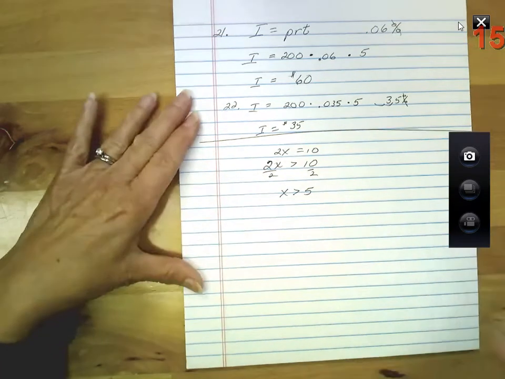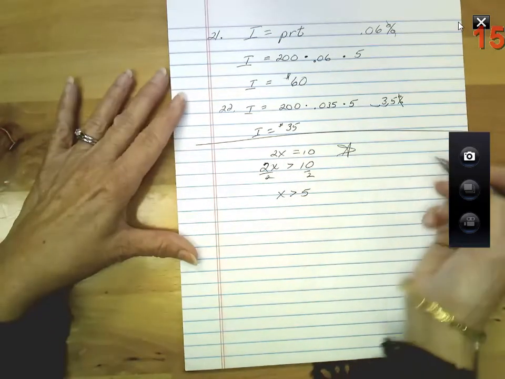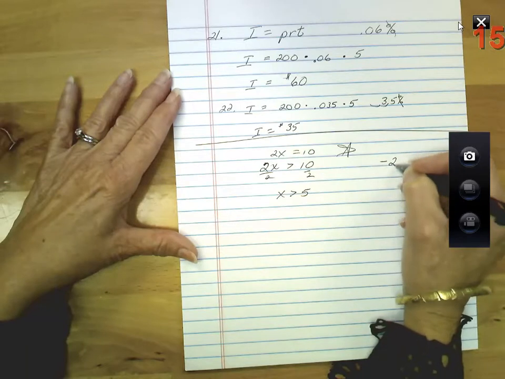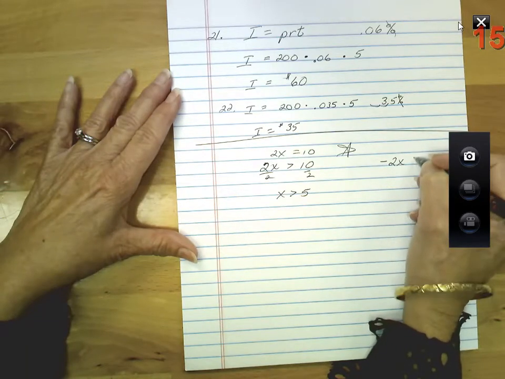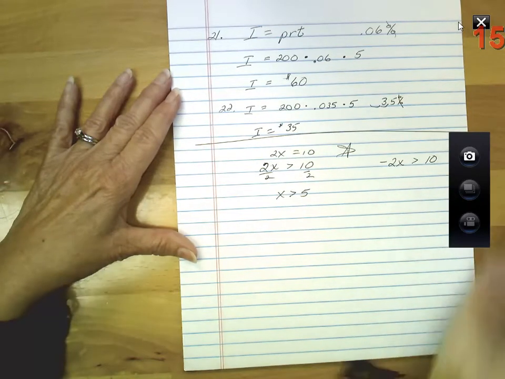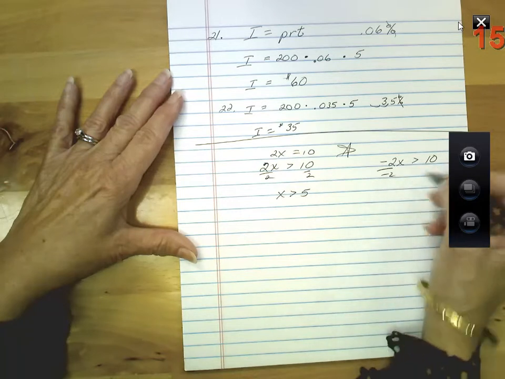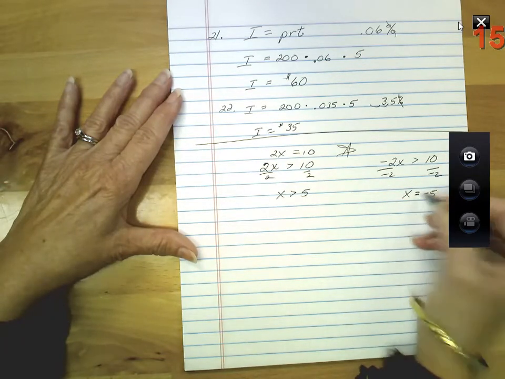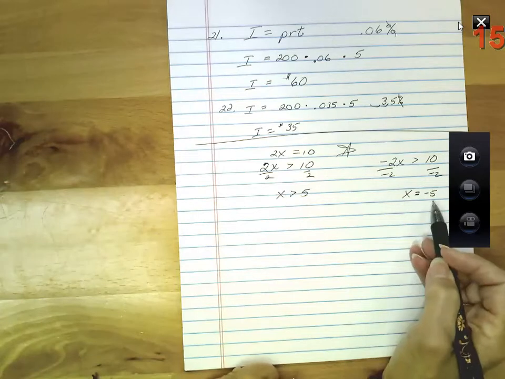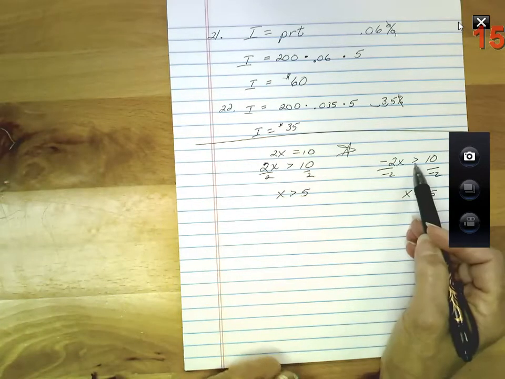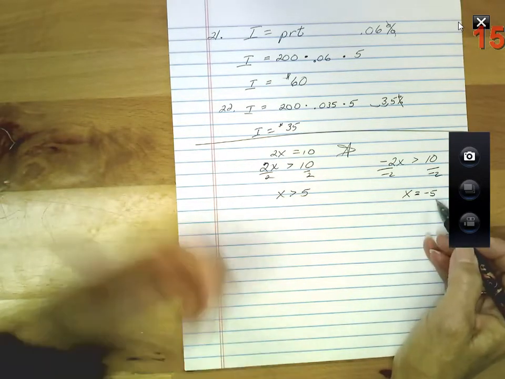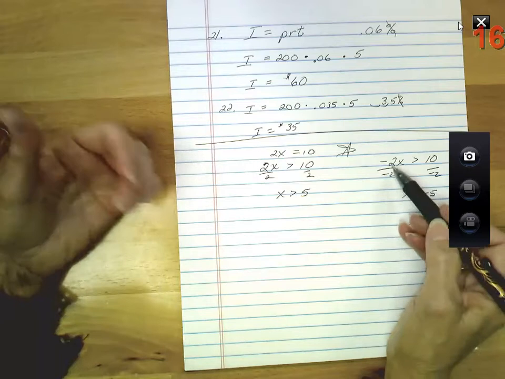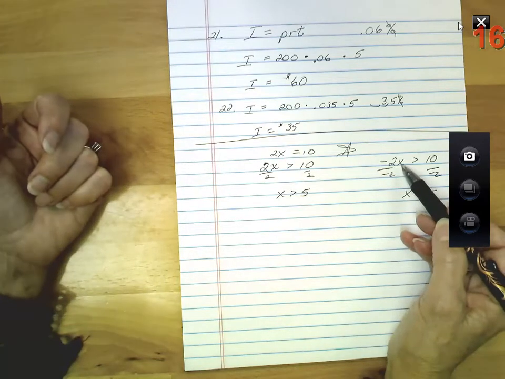Now the only thing that's different when you have an inequality is if you multiply or divide by a negative. When you do that, let me show you what happens if we leave it like it is. It says anything bigger than negative 5 would be greater than 10. So if I say a 7, negative 2 times 7 will be negative 14.